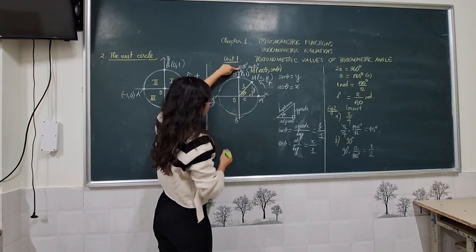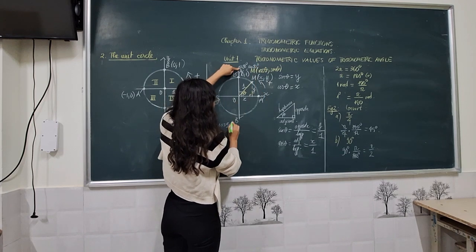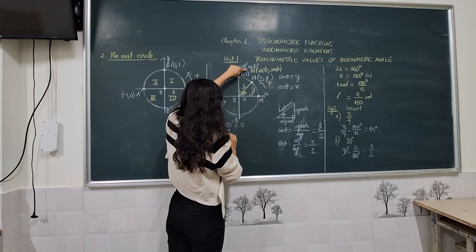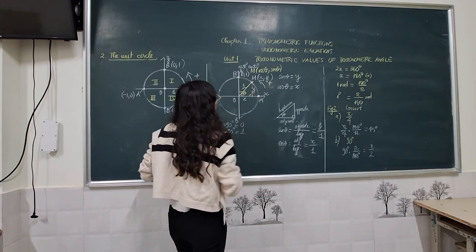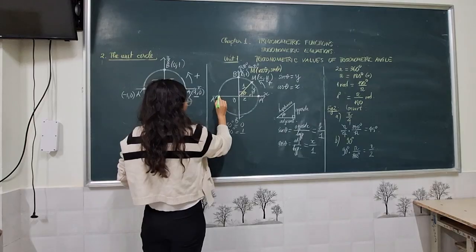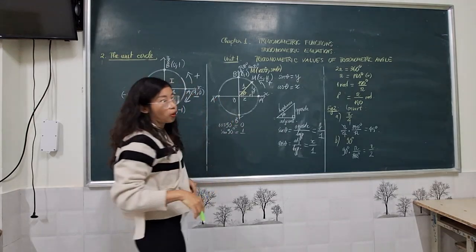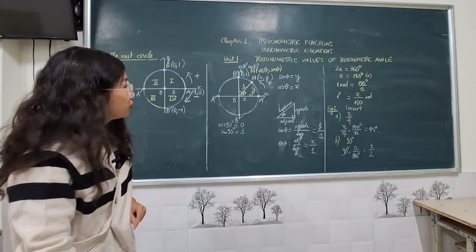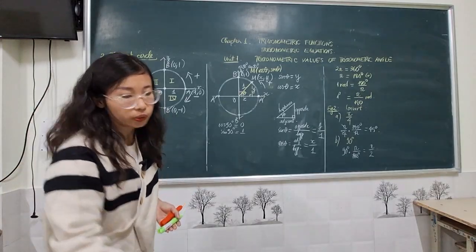So cosine 90 degrees equals 0 and sine 90 degrees equals 1. And you will find the coordinates of another point in the unit circle. And now, let's take a look.